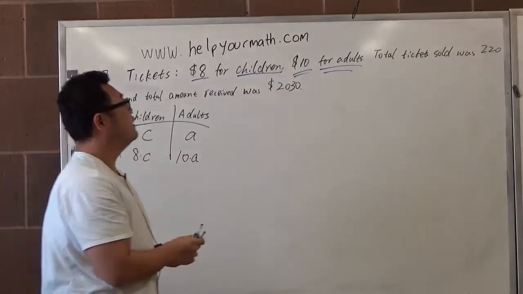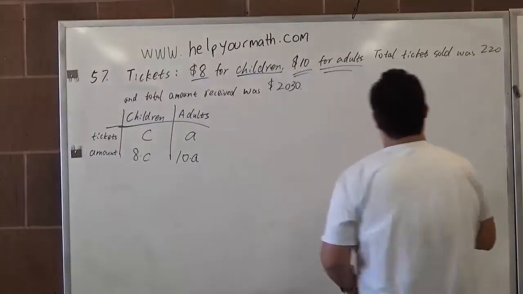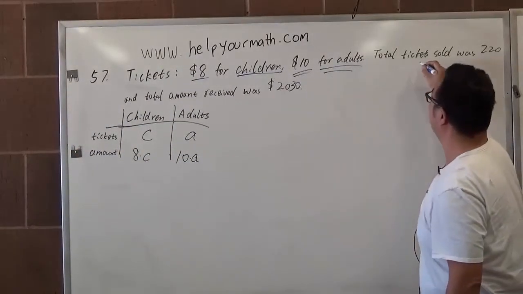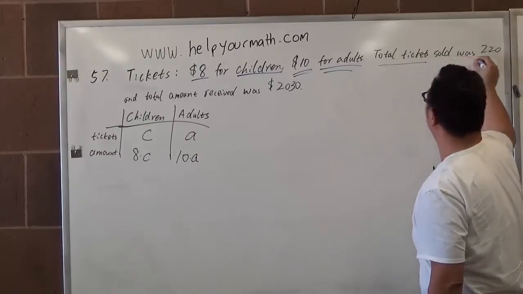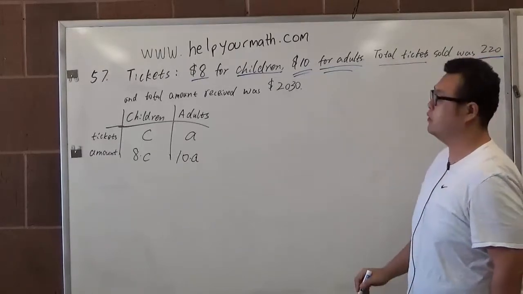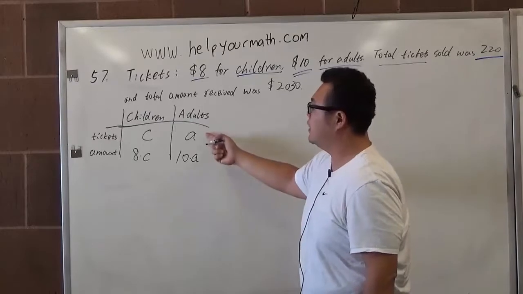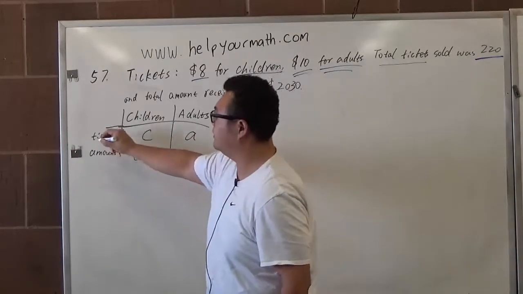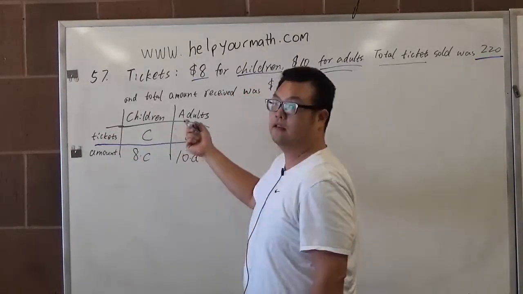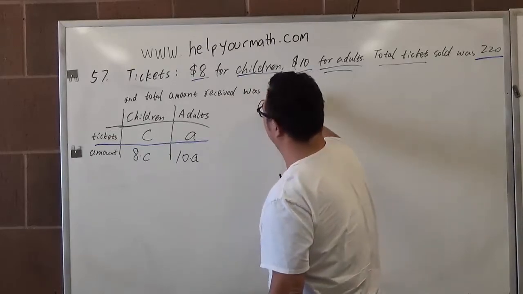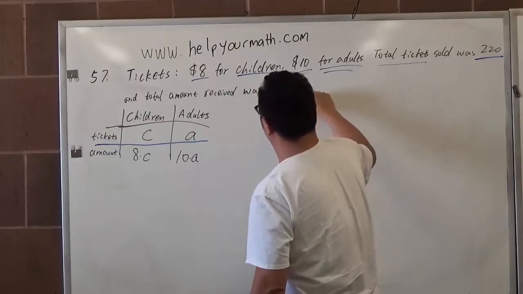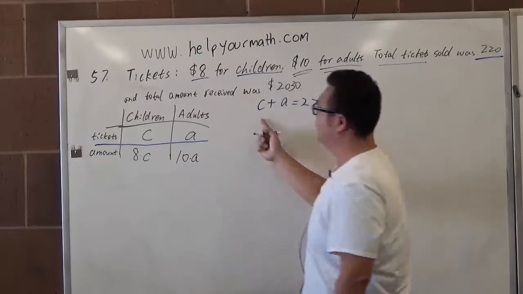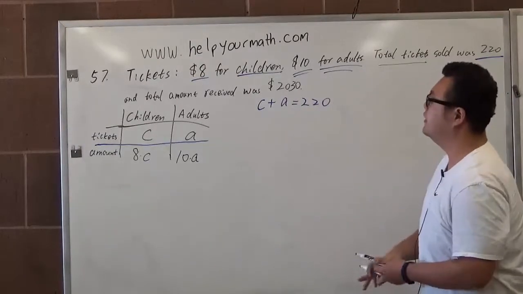So next, what they're telling us is the total tickets sold is 220. So the setting here: the tickets total is 220. Total tickets, 220.